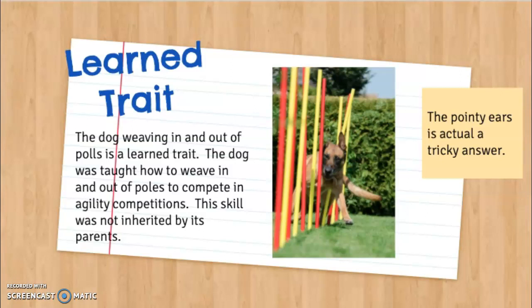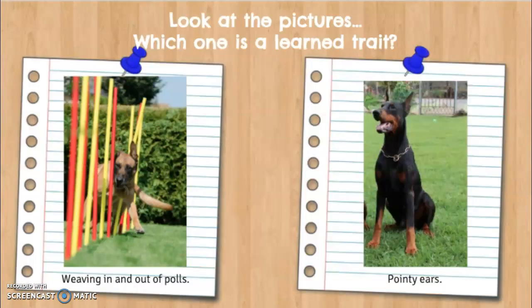Now, what's interesting about the dog with the pointy ears is it's a trick question. Some dogs are born with pointy ears. Some dogs are not. The dogs in this picture are not born with pointy ears. They are born with floppy ears. So, the dog having pointy ears did not get it from its parents.